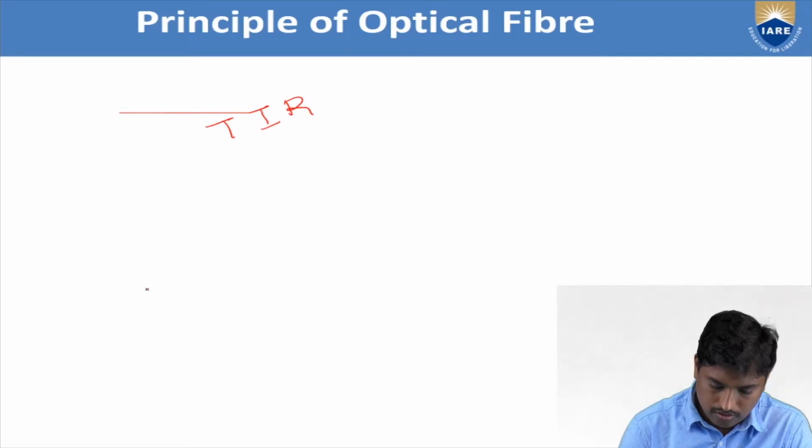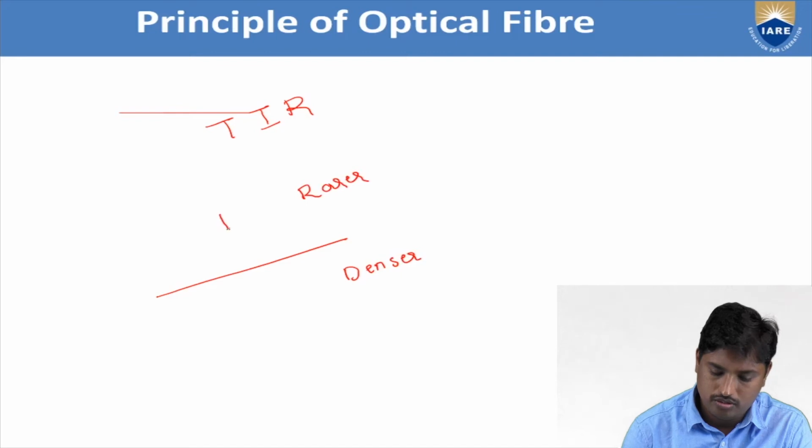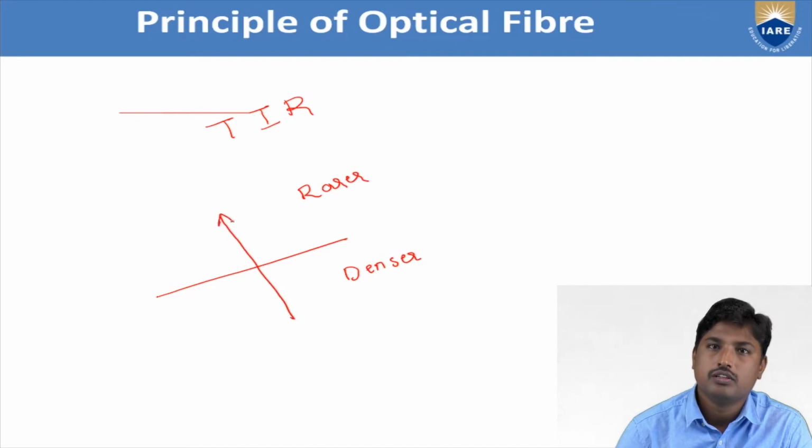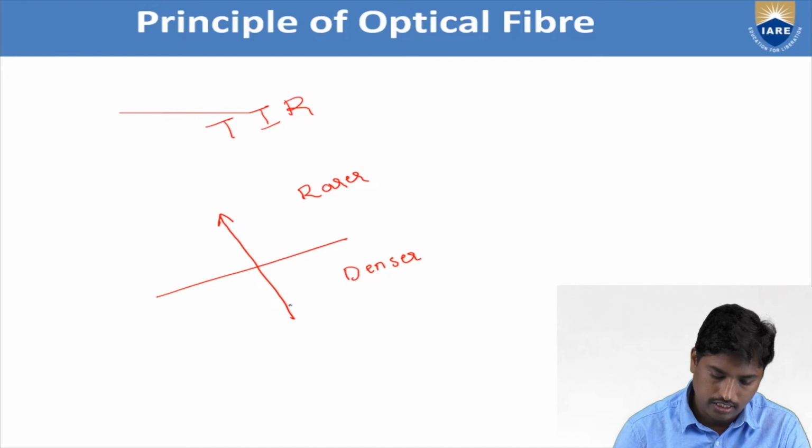Suppose these are the two mediums: this is a denser medium and the second one is a rarer medium, and this is the normal to the two mediums. When the light ray travels from a denser medium to a rarer medium, what is the nature of light?